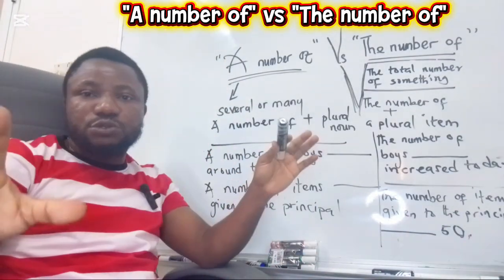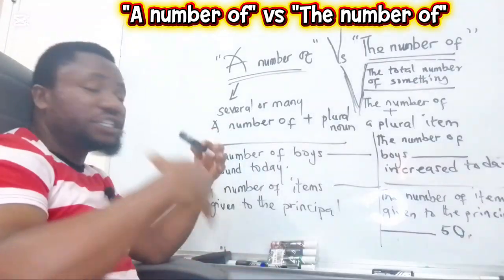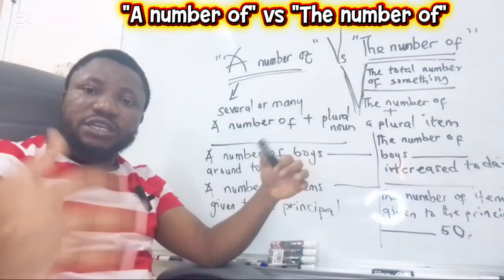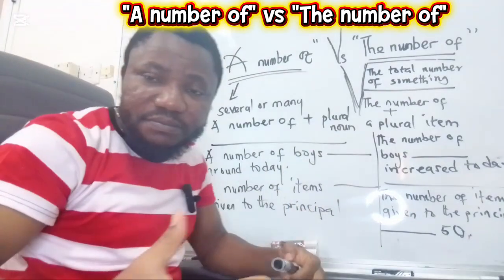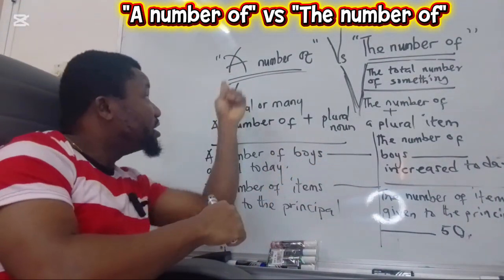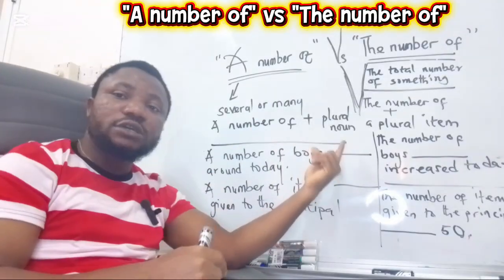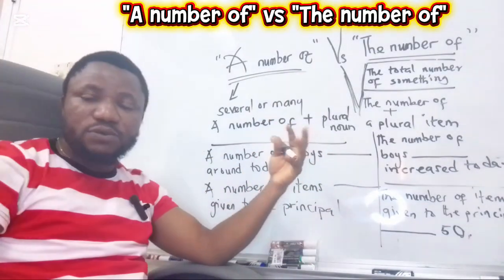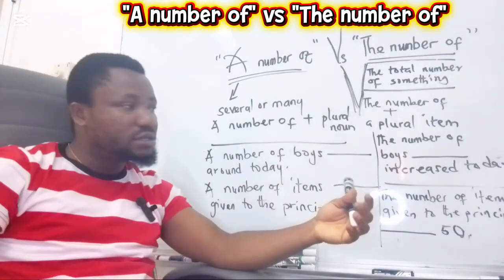Now, here is the rule. When you have the structures "a number of" and "the number of," "a number of," because it means several or many, will attract a plural verb. That's because it's talking about many people or several items.